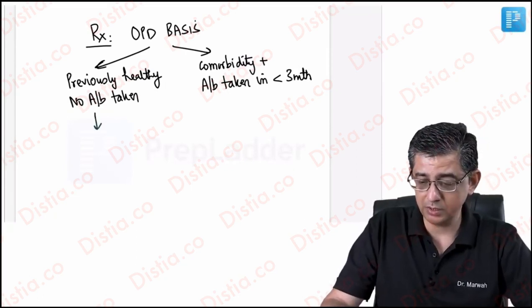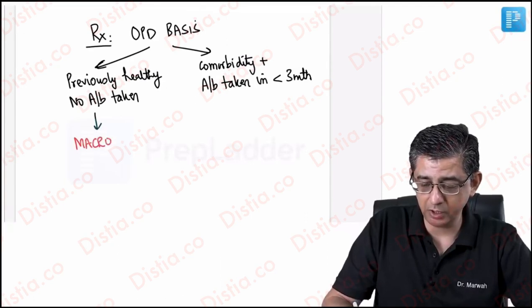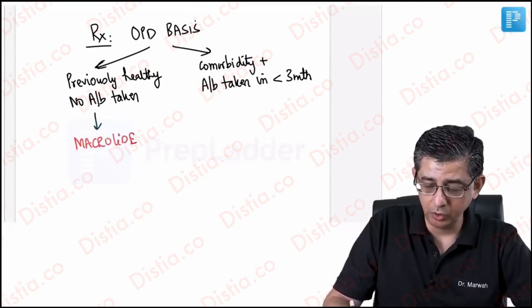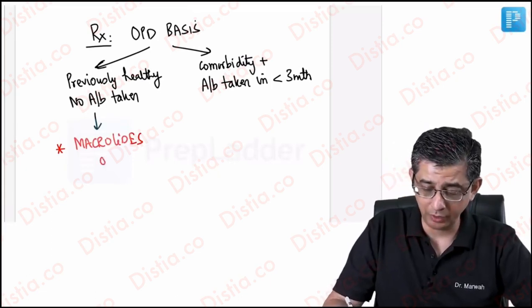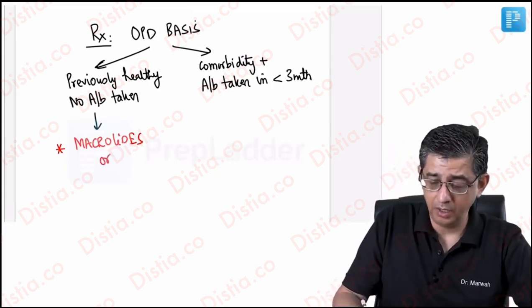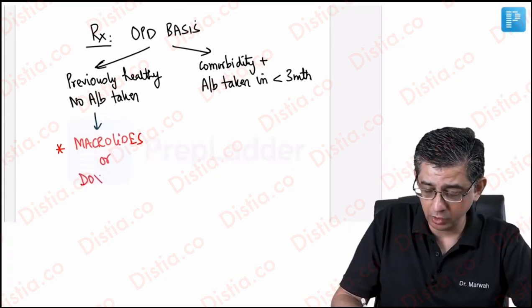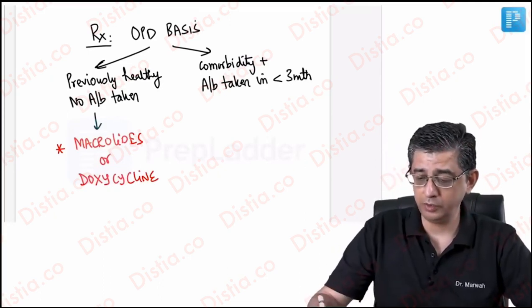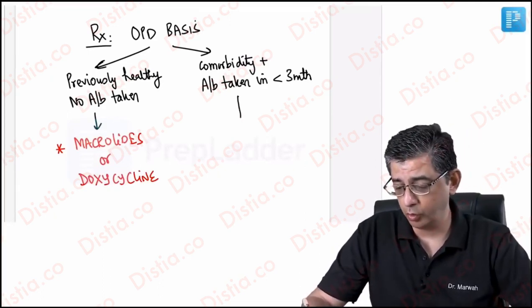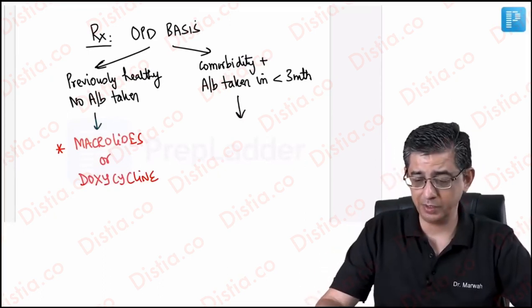In those circumstances, the first line antibiotic to be given on the left hand side, previously healthy patient, would be macrolide. You could be using either azithromycin or you could be using clarithromycin, really does not matter. If macrolide is not given in the options, then you can definitely answer doxycycline in the same question. In contrast, for the right hand side of the discussion, comorbidity is already present in the patient.